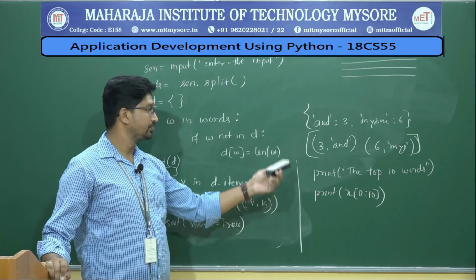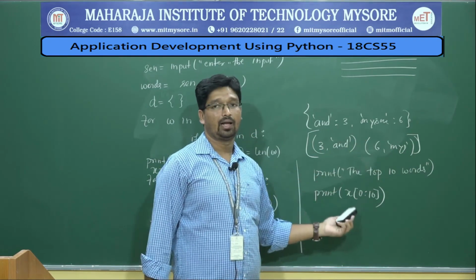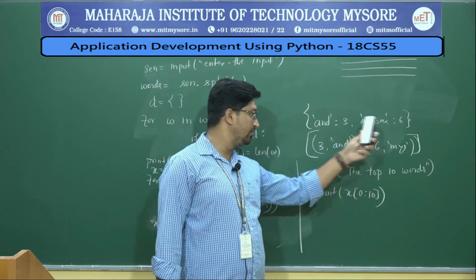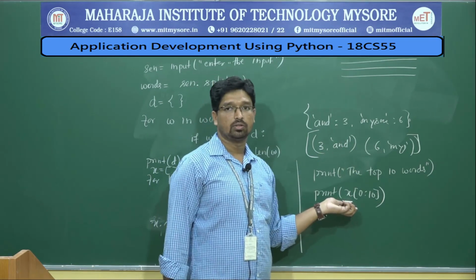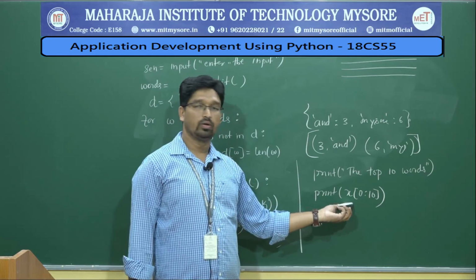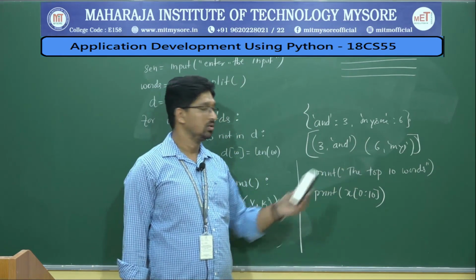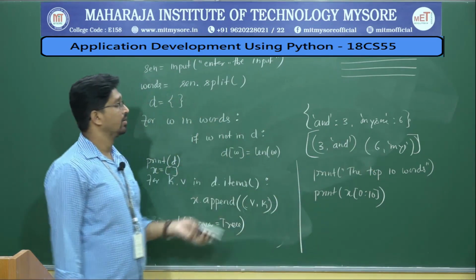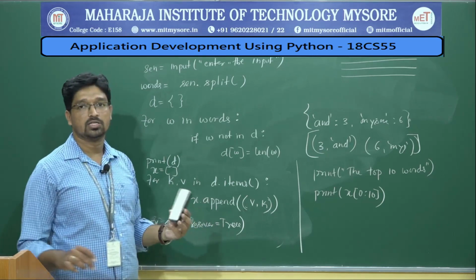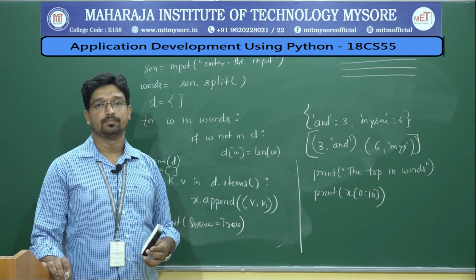Then you will get 6 comma Mysore, 3 comma IND, like that. If you want to get only words, and I'm not interested in length, then you need to make some changes to your code. You need to access only values. Okay, this is the example for getting a list of words with highest length. Thank you.